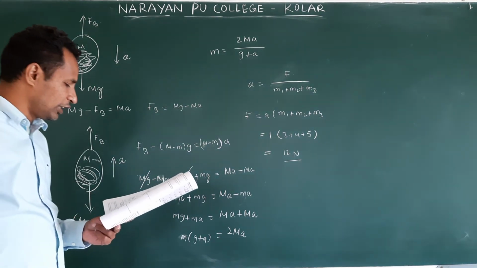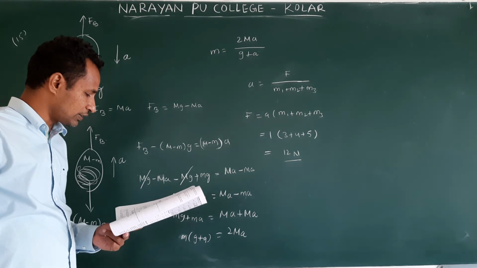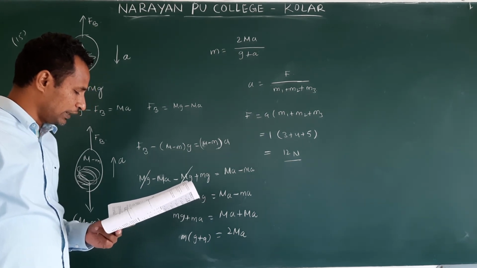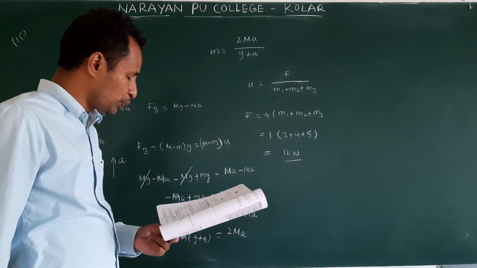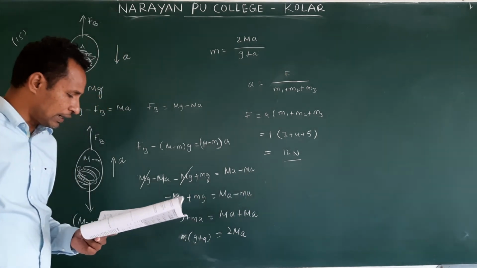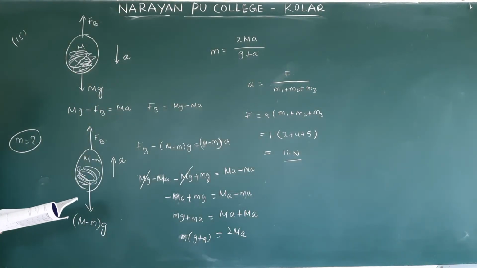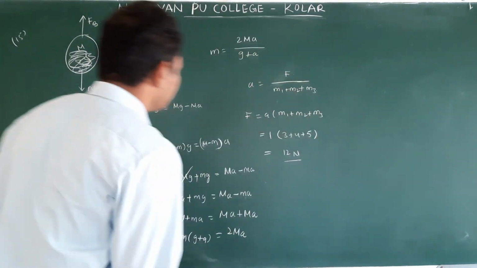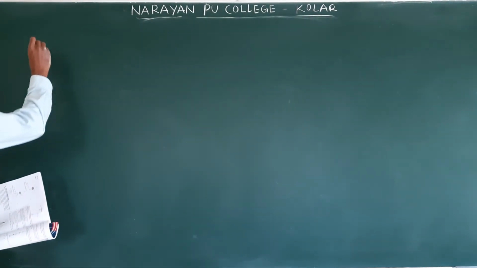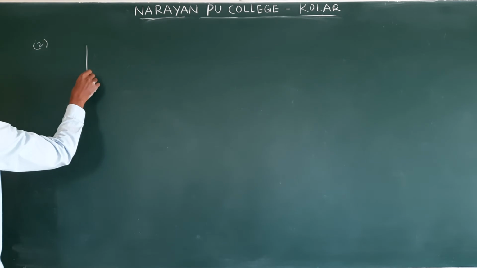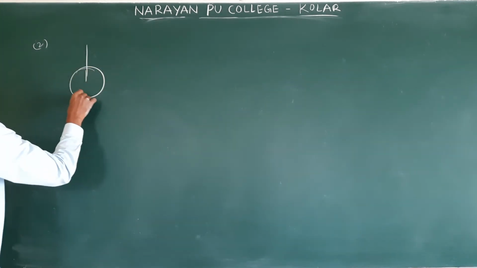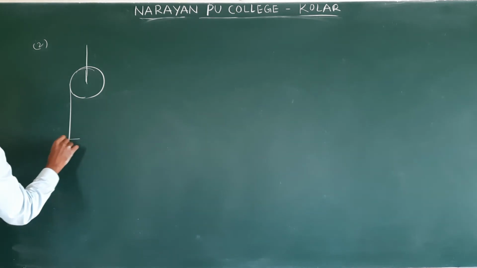Two weights W1 and W2 are suspended from the ends of a light string passing over a smooth fixed pulley. If the pulley is pulled up at an acceleration g, the tension in the string will be? Now according to the question, this is the required figure.